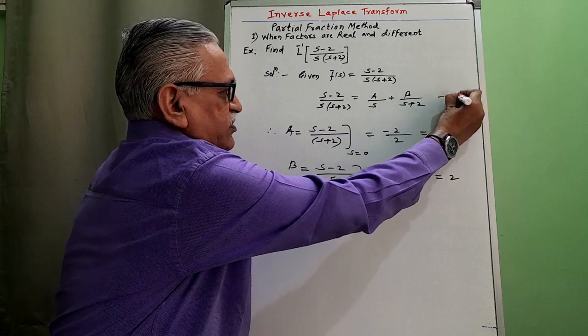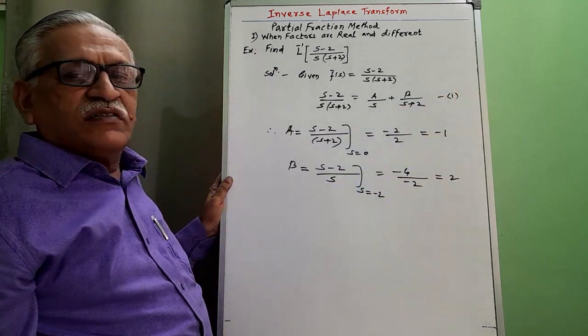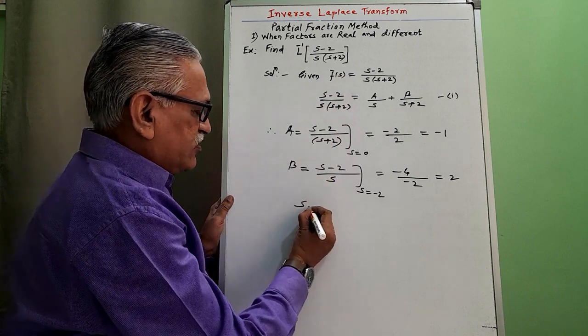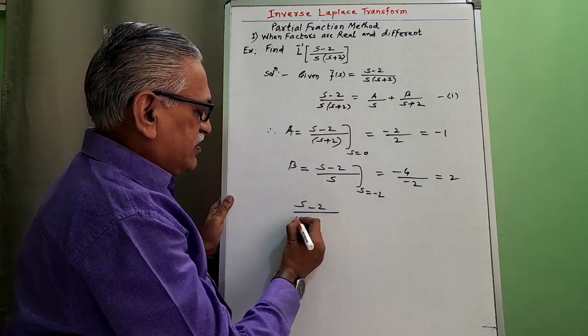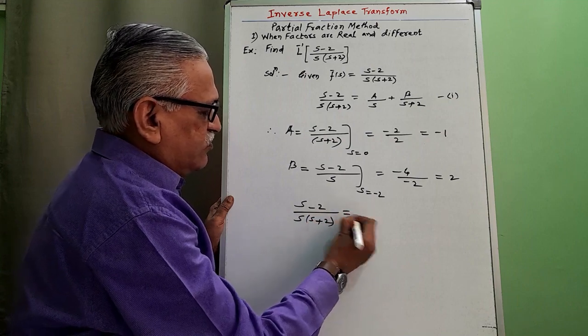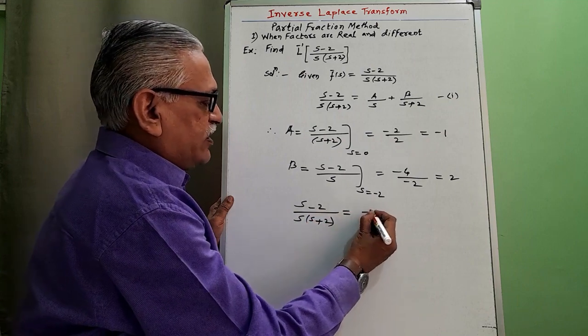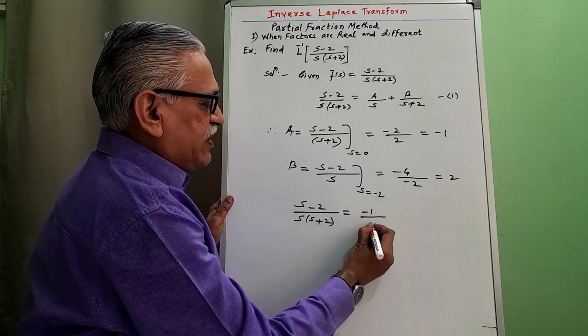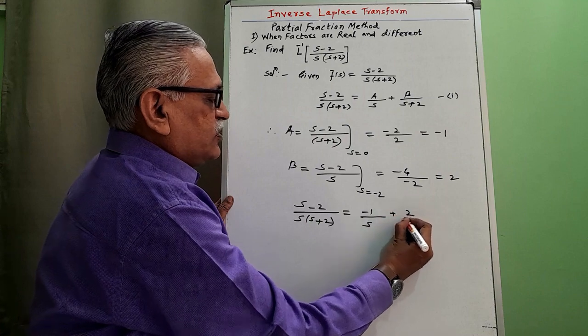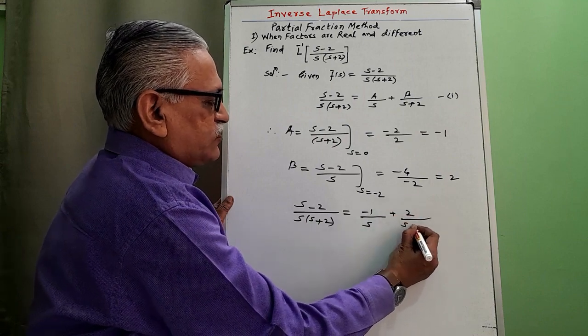If we call this equation 1, substituting those values in equation 1, s minus 2 divided by s into s plus 2 is equal to a, the value of a is minus 1 divided by s, b is 2 divided by s plus 2.